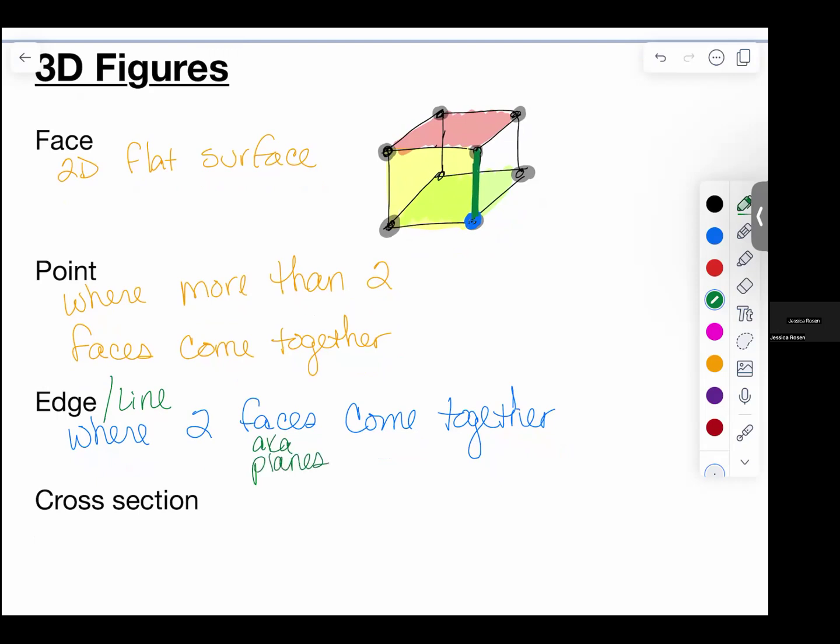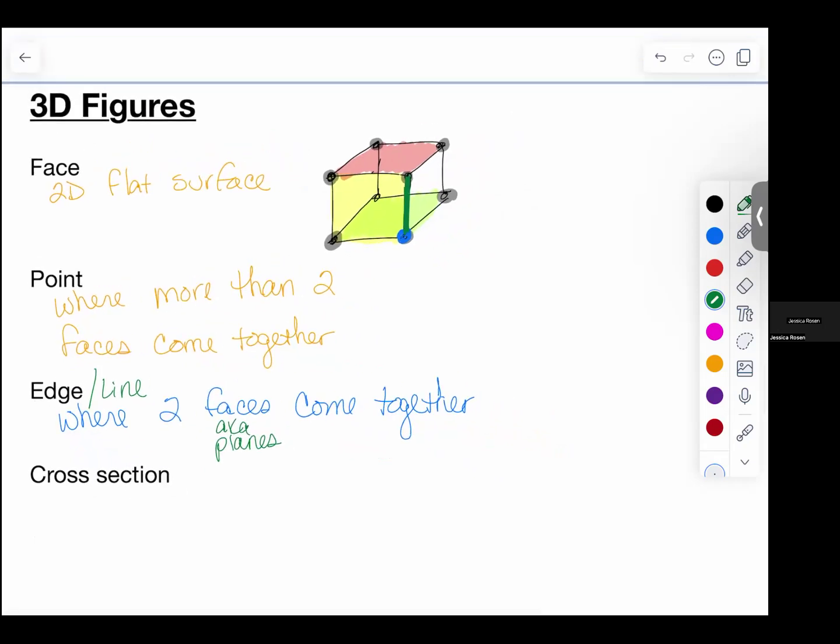Same concept. And then a cross section is essentially kind of like a transversal for three-dimensional shapes. So if we came in here and we cut our three-dimensional shape, the surface that would be shown is what that is.